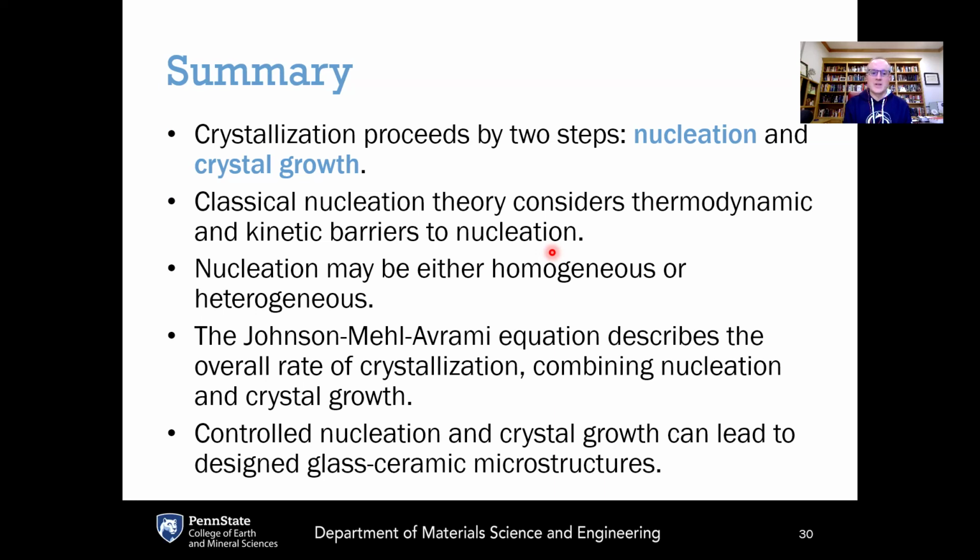Nucleation is considered to be successful if the nucleus grows to at least the size of the critical nucleus, this R star, and that defines also the thermodynamic barrier for nucleation. The thermodynamic barrier can be reduced with heterogeneous nucleation, which introduces a surface or substrate, some sort of interface onto which nucleation can occur. And how much the thermodynamic barrier reduces by depends on the contact angle.